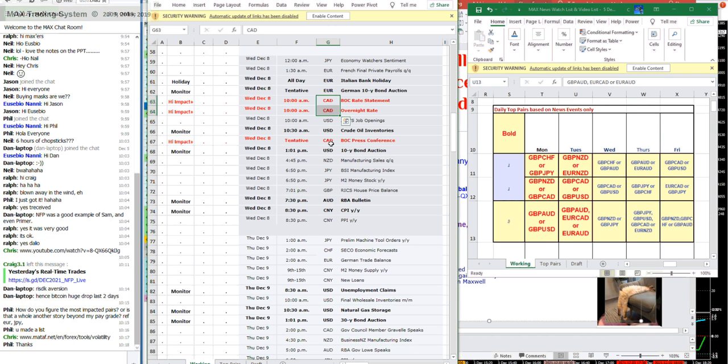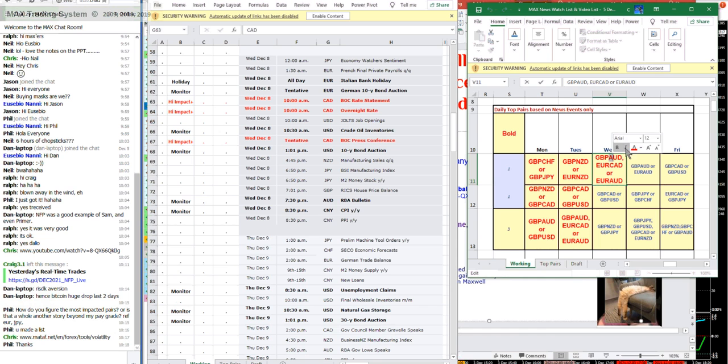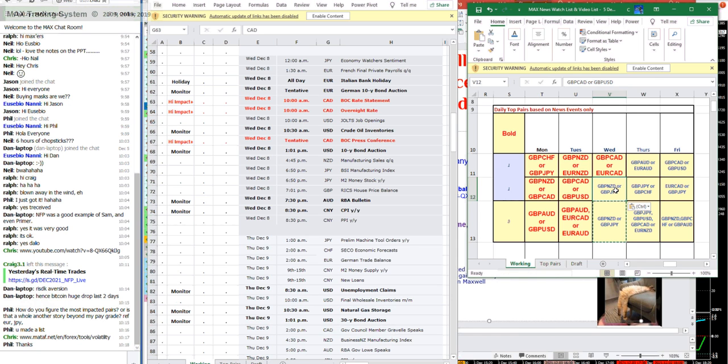Okay, so we will have the pound card or the euro card. Yep. Then the pound yen or pound kiwi. Okay. And then the euro kiwi or the CAD yen. Oh, that's not usual. Euro kiwi or CAD yen.